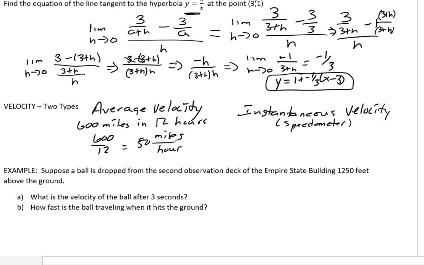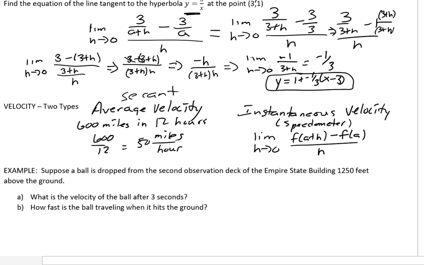This would be the limit of average velocity. So we could use the limit as h approaches 0 of f of a plus h minus f of a over h. So we think about, just like this, these are like the secants, the average velocity, they're like the secants, and this is like the tangent.